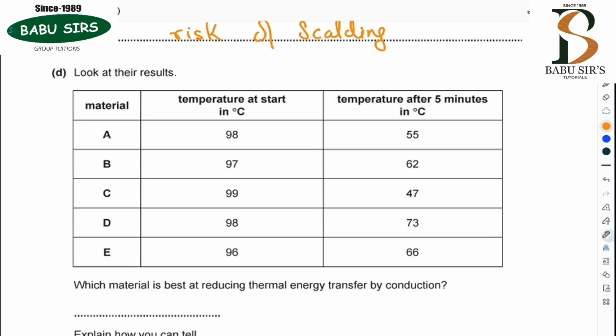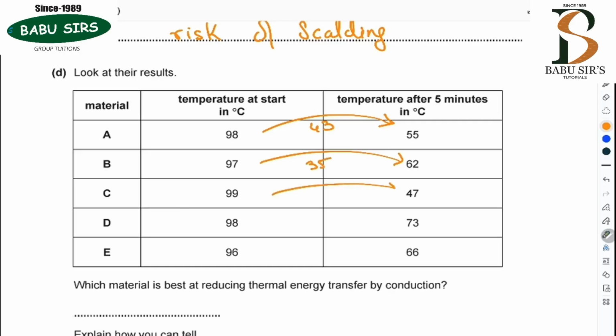Next is we are using different materials. So the best material is when the heat transfer is less. So if you see the first one, the heat transfer is 55 minus 98, might be 43. Second one, it is 62 minus 97, around 35.